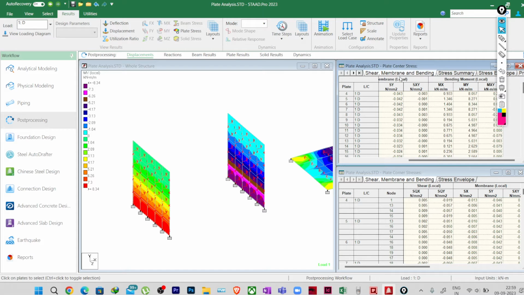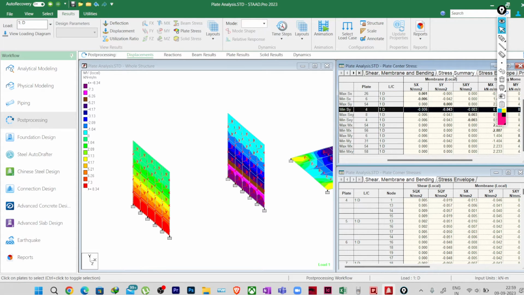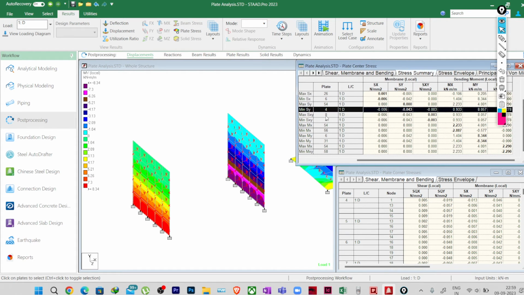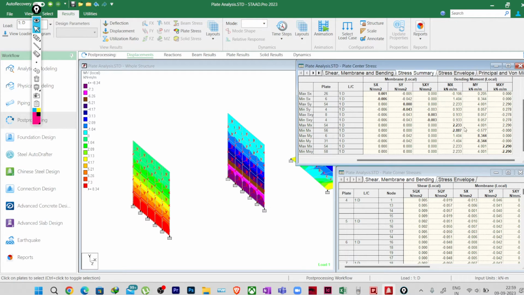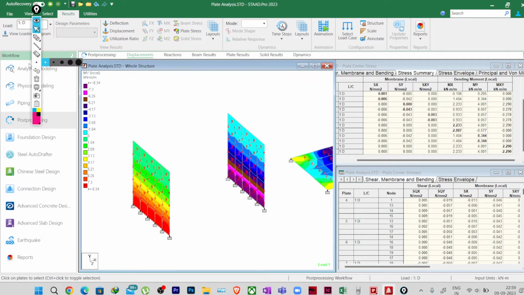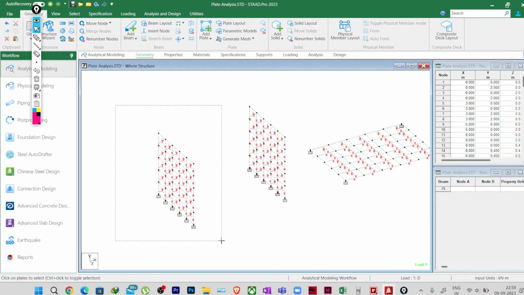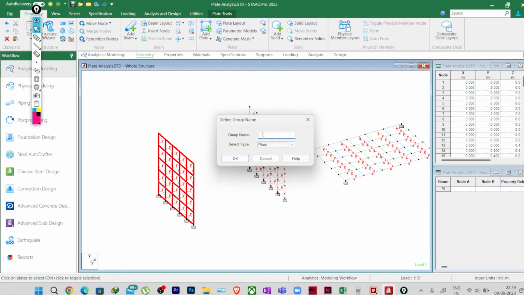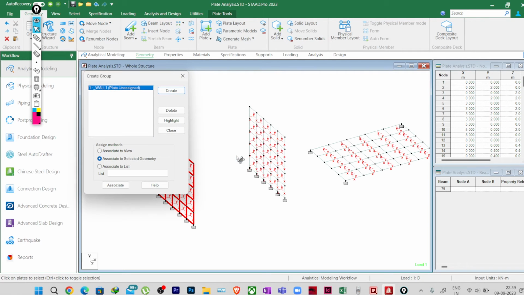Here you can see the shear, membrane, bending. This is the stress summary, actually about the maximum. Suppose I want to see the Mx from the stress summary only. Let me just do one thing: let me create some groups. Control G, plate, suppose it is wall 1, OK, associate.